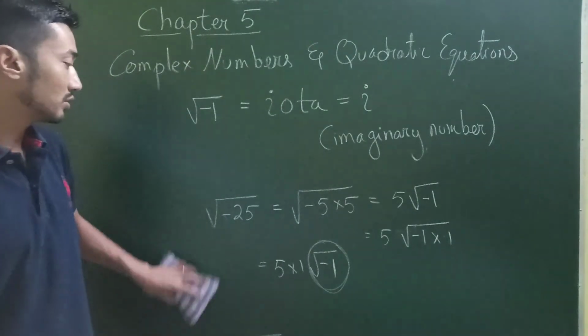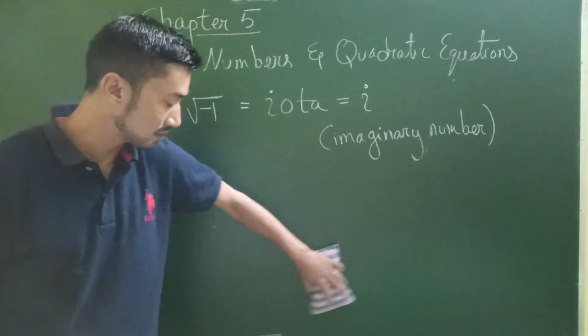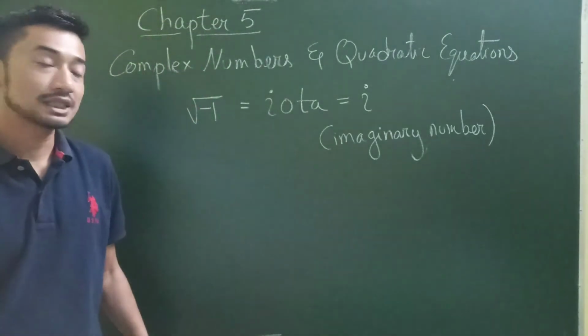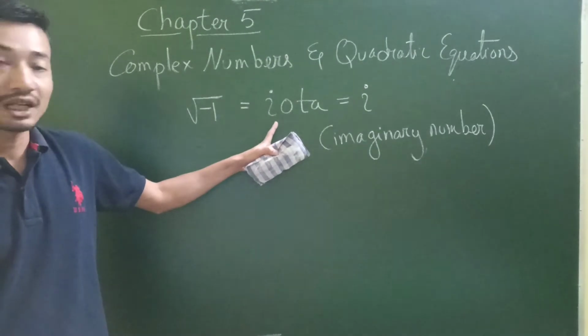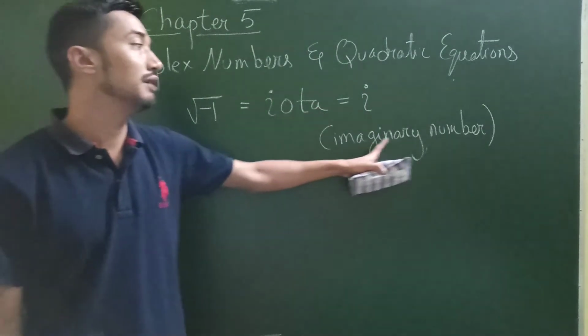So square root of minus 1, which is literally not possible to solve with the basic laws of mathematics that we have with us, remains as iota, that is I, which is, in other words, an imaginary number.